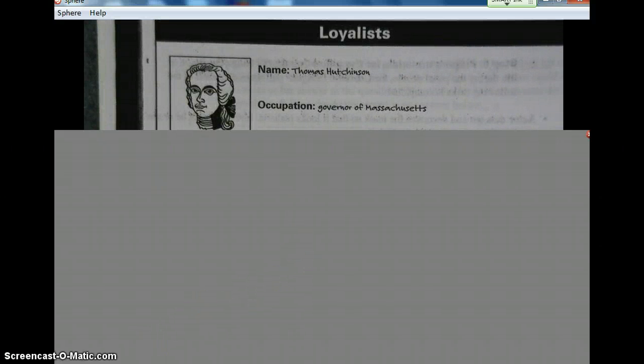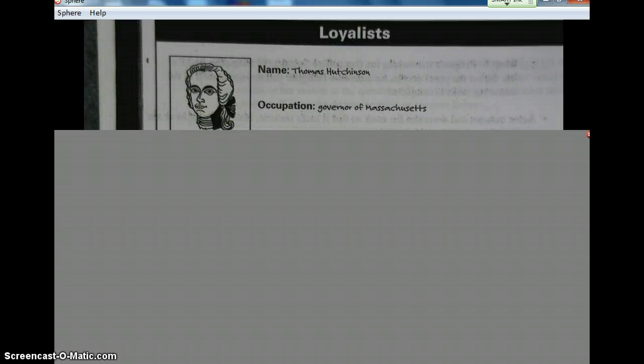Okay, so the next part is action taken. This is what action did Thomas Hutchinson take in helping the British. Since he was a loyalist, he was for Britain. So if you go back and reread paragraph 3 and reread the caption, pause the video and take a moment to do that.